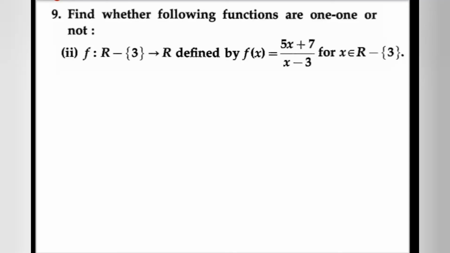Number 2. Function from R minus 3 to R defined by f of x is equal to 5x plus 7 upon x minus 3 for x belonging to R minus 3. Solution.